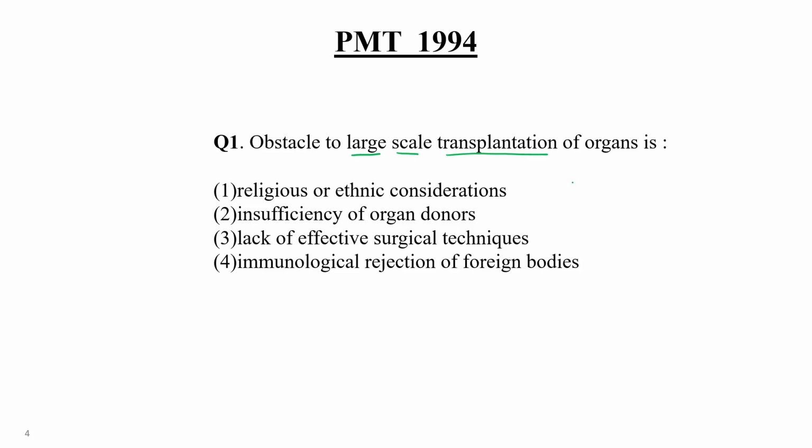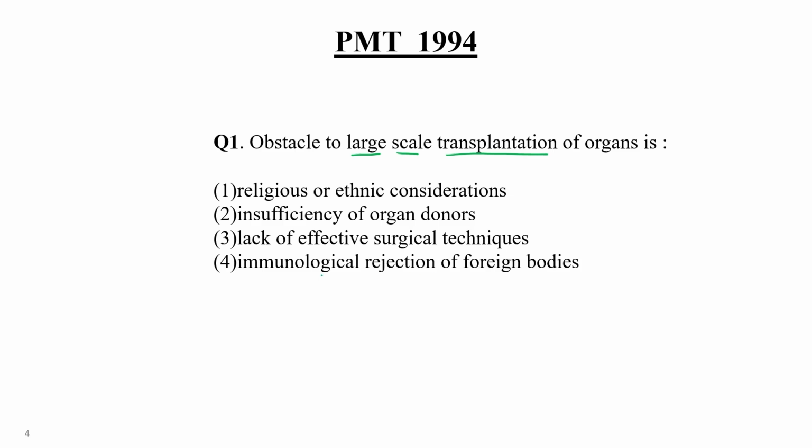Yes, you are right. The major obstacle for this large scale transplantation technology is the immunological rejection of foreign antibody, because each and every individual's immune system only recognizes its own safe cells, and any particle other than his or her body, the immune system considers that type of molecule or tissue as a foreign particle.